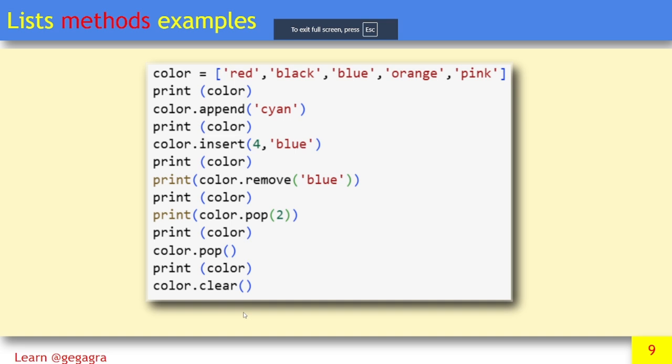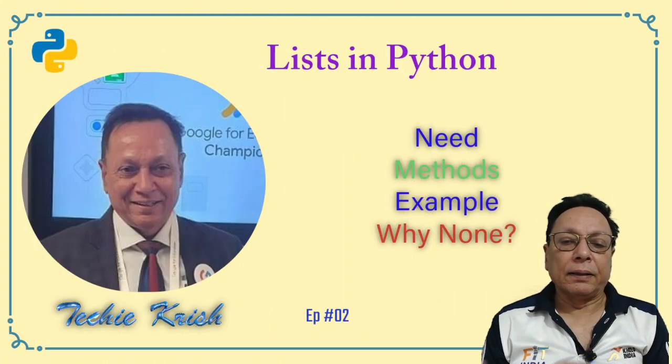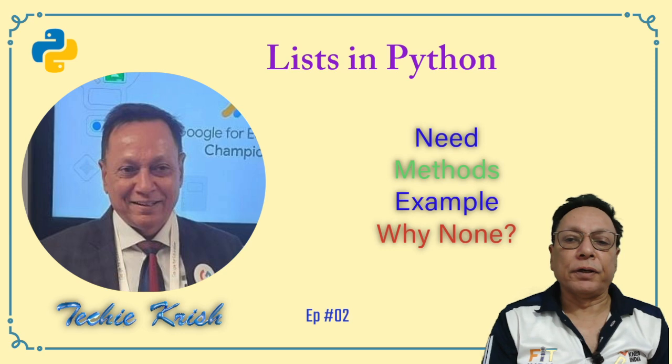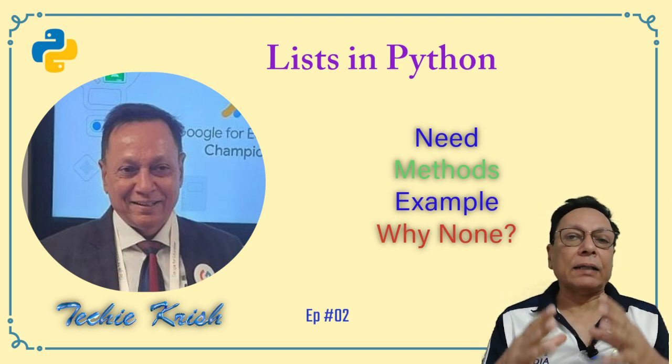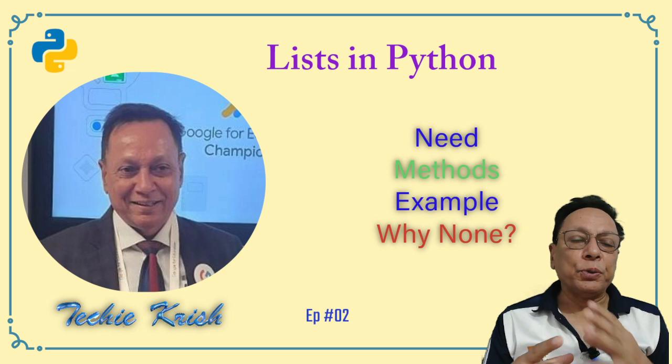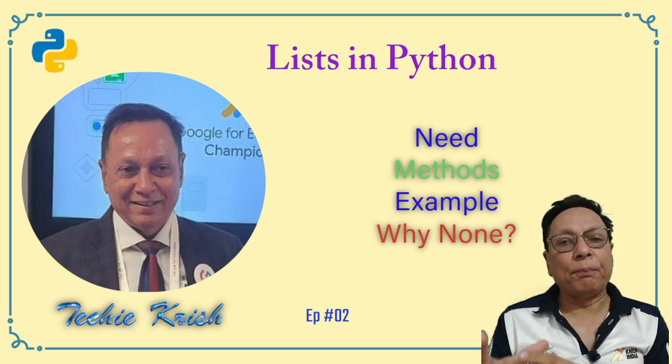So I hope you understood the concept of why we should use lists, and what the functions are which we have discussed in this video, the append function and extend function. There is a difference between the append function and the extend function, where to use insert, and the difference between remove and pop.